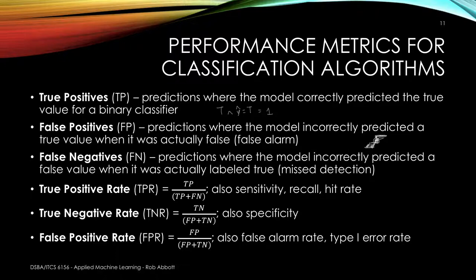But I don't want to needlessly take somebody who doesn't even have a tumor. Nothing shows up in the image, but for whatever reason, my algorithm says, oh, wait a minute, you've got a tumor. No, you don't. You don't have anything. But I've needlessly scared you now. Because what happens if I do this a lot? If I do this a whole lot, people turn around and say, Rob's test is junk.